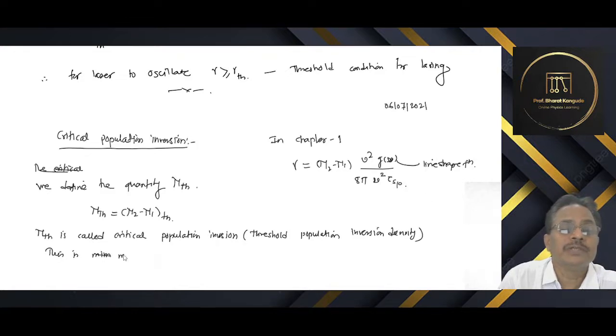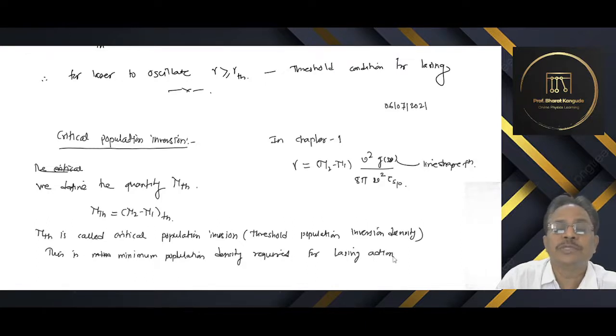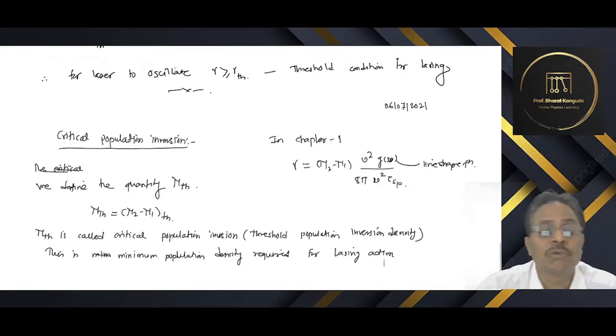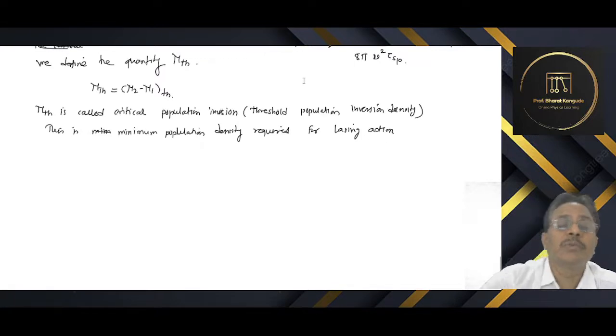This is a definition, maybe from the examination point of view: the minimum population density required for lasing action. Lasing action means it is producing the laser beam. So the minimum population density required for lasing action is called the critical population density.